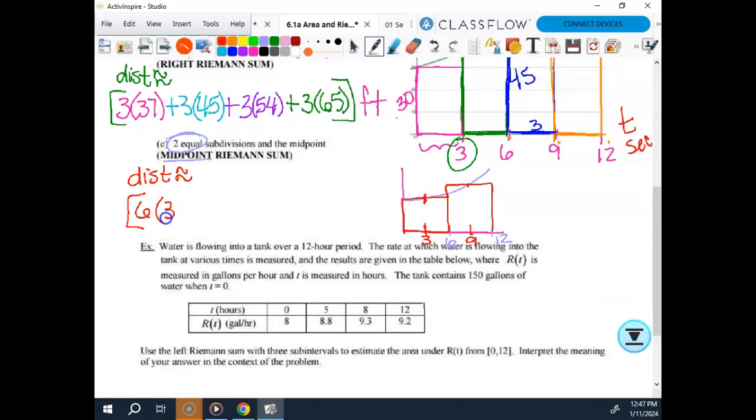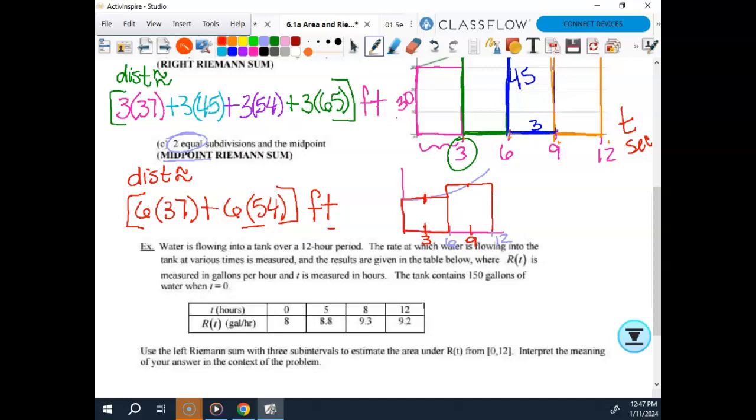That's what we're looking for. 37 plus, what's the length of the base? 6 times what? 54. And then I put feet on there. Do you understand when we're writing this why we have to have the brackets? If I didn't, then I'd just be putting the units on that last term, right? So those brackets are important there. All right, what questions you got? Do you understand the basic concept there?